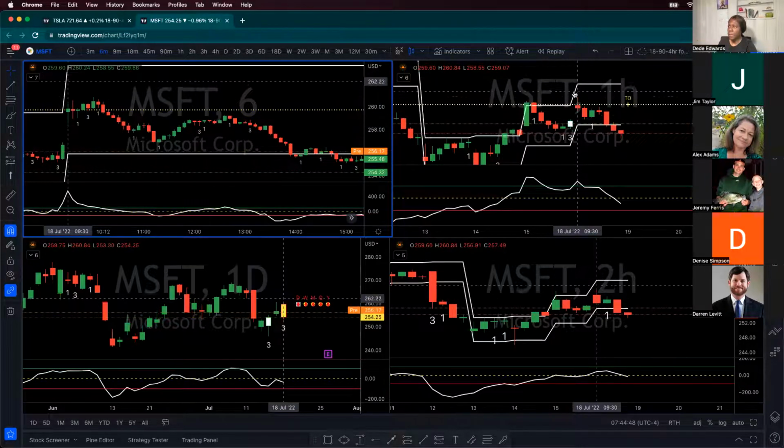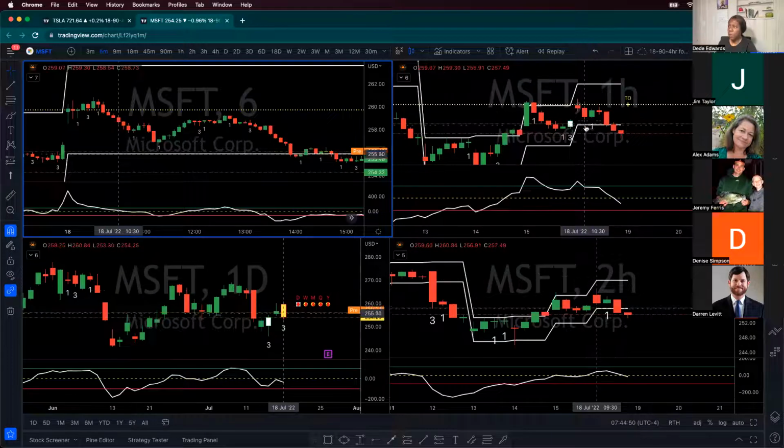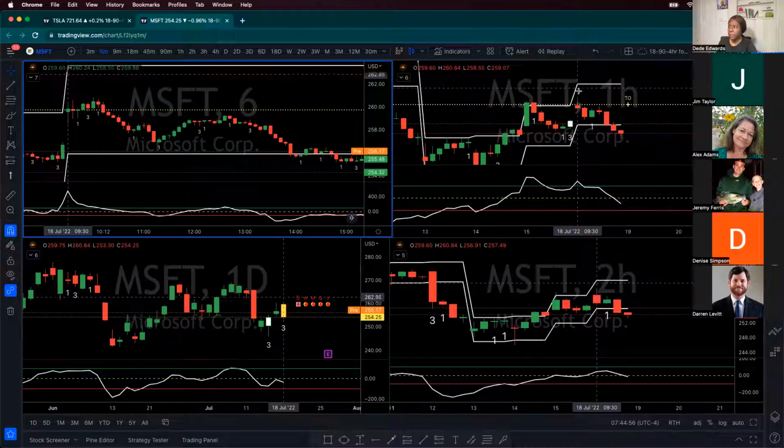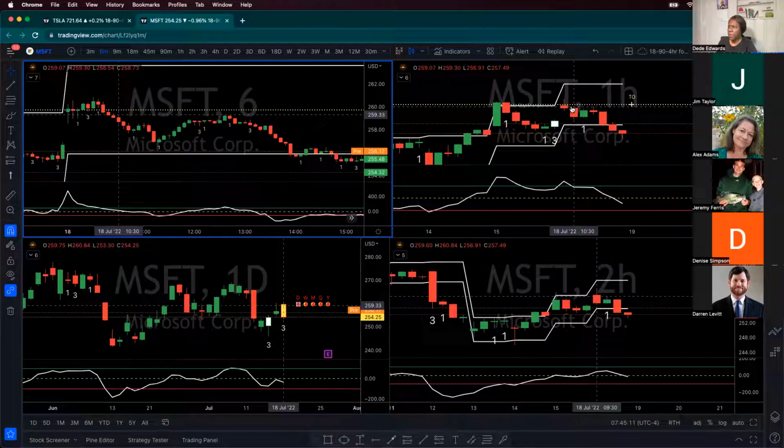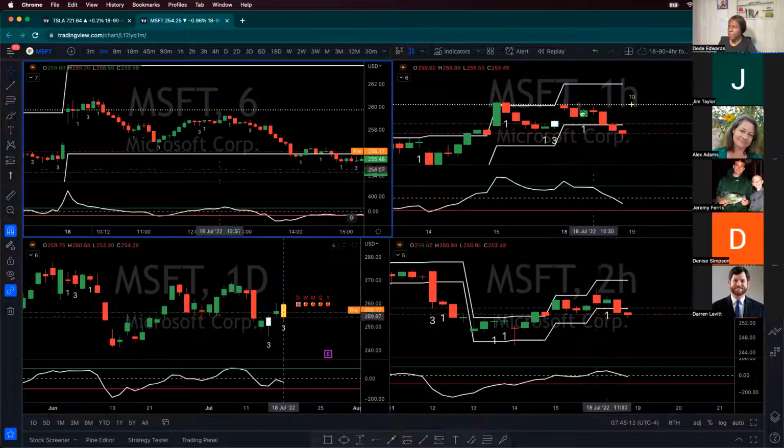Let the 60 form on these gappers, and then look for our entries. So in this scenario, we had a shooter here on the 60, right? So it gapped up, created a shooter, and closed red on the day. So you know this, it's below the level, our line, so it's red on the day.